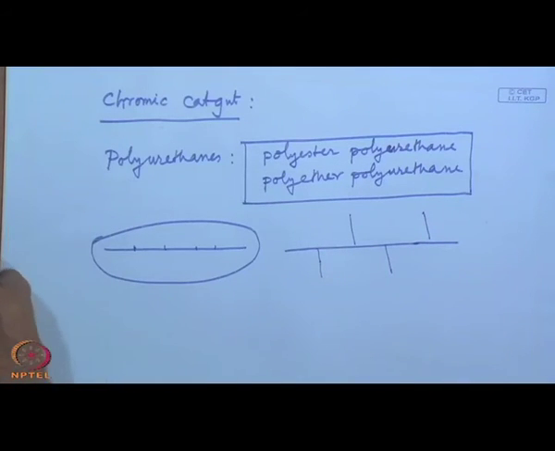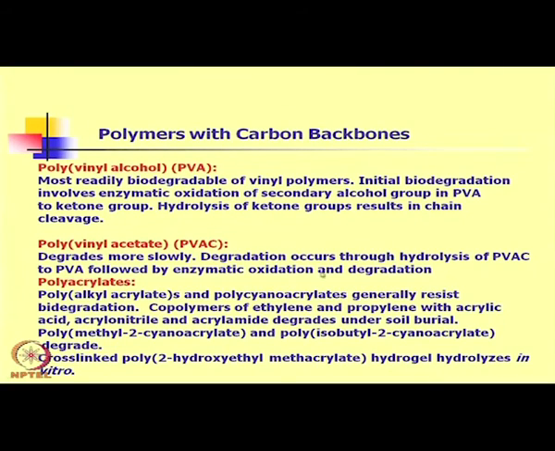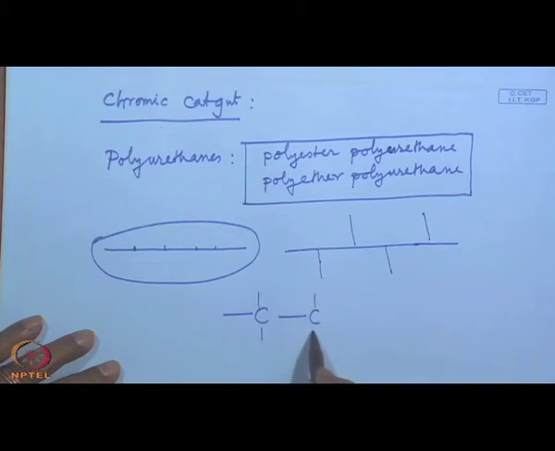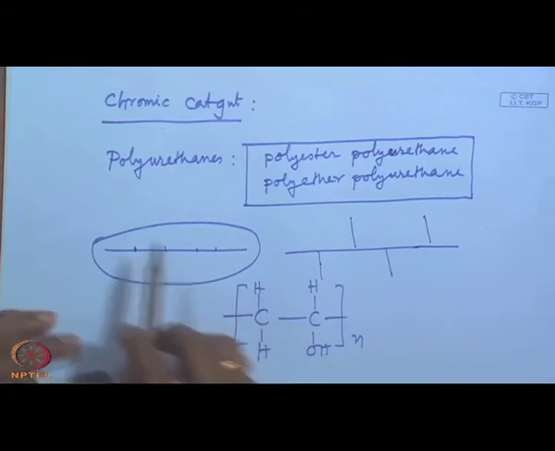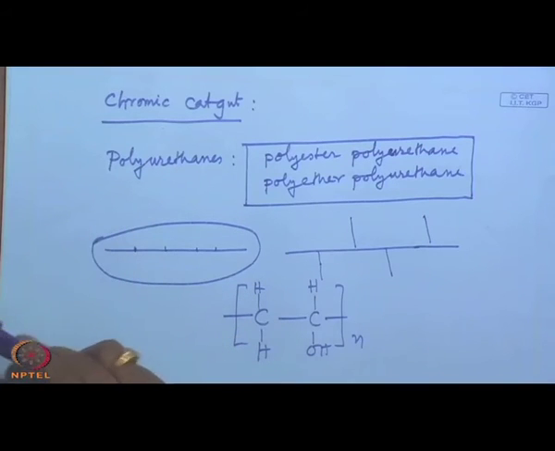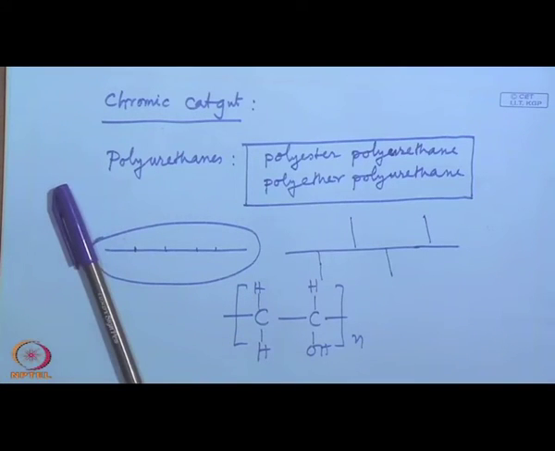These are say polyvinyl alcohol. I have shown you the formula of polyvinyl alcohol. Once again you can see this polyvinyl alcohol. This polyvinyl alcohol, PVA, is the most readily biodegradable vinyl polymer.